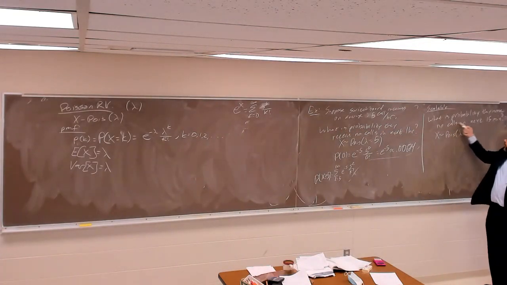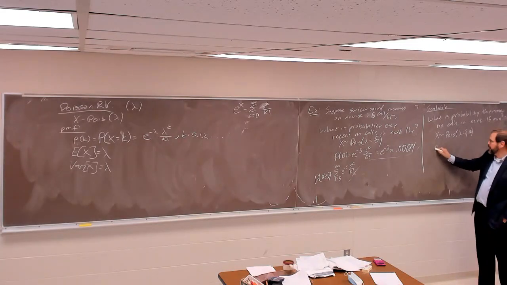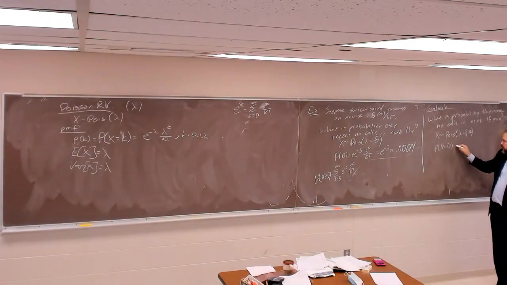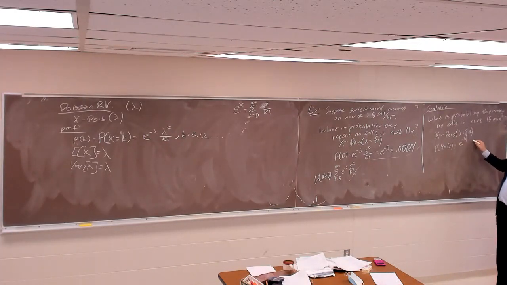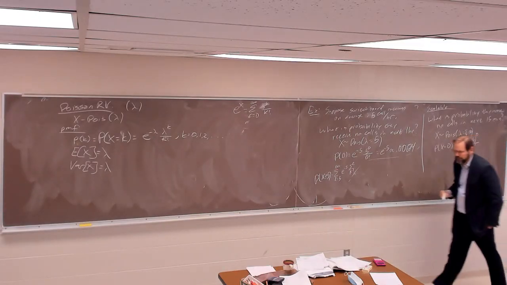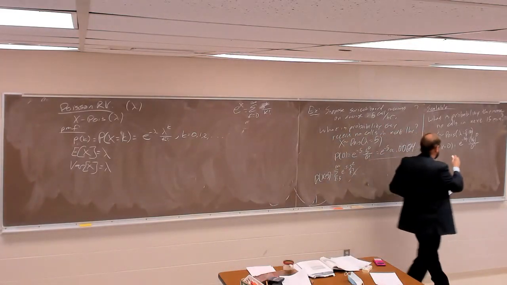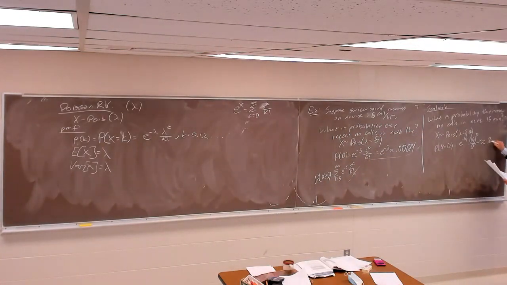So now no calls over the next 15 minutes would be the probability X equal to 0 for this new Poisson random variable, which would be e to the negative 5/4, 5/4 to the 0 over 0 factorial. And in this case, it would be 0.286.